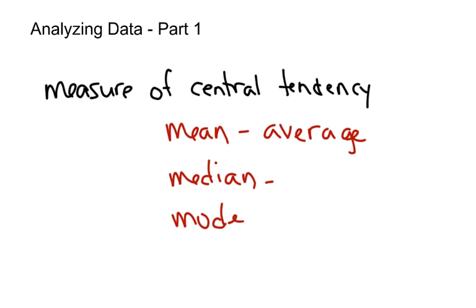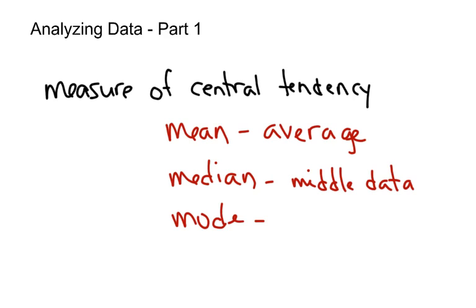The median represented the middle number in a set of data if the data was put in order from either least to greatest or greatest to least. Doesn't really matter. If you have an odd number of data, then you're going to have a middle number. But if you have an even number of data, then you have to find the two numbers in the middle and average them.